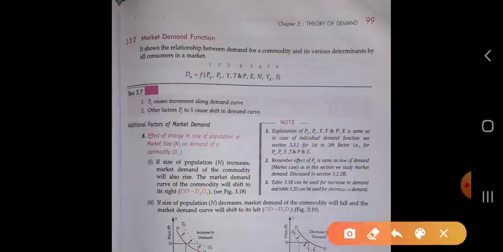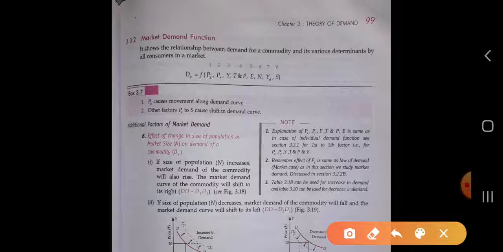We are talking about aggregate demand here, not individual demand, meaning the total demand of the commodity existing in the market. We are talking about all the consumers in the market, so it shows the relation between the demand of the commodity and the various determinants affecting the demand of all the consumers.